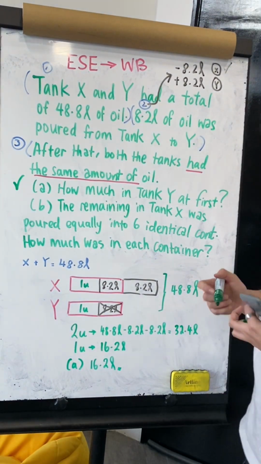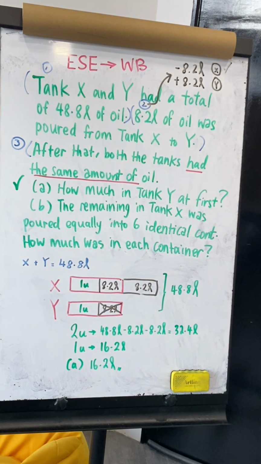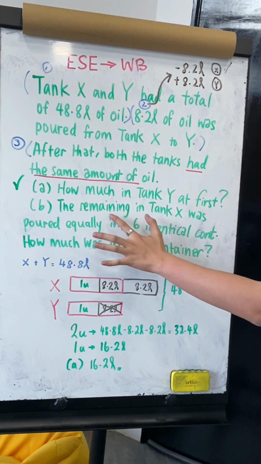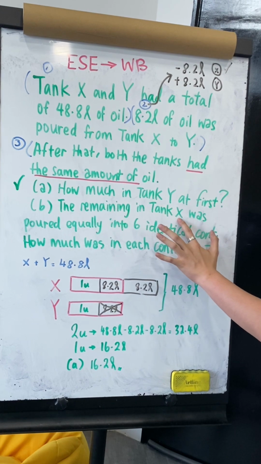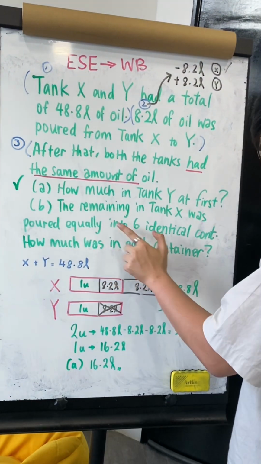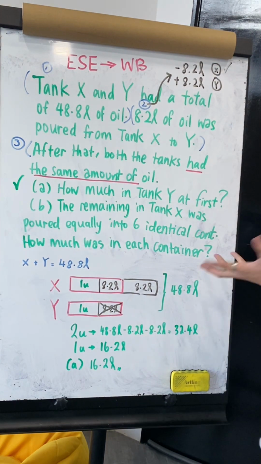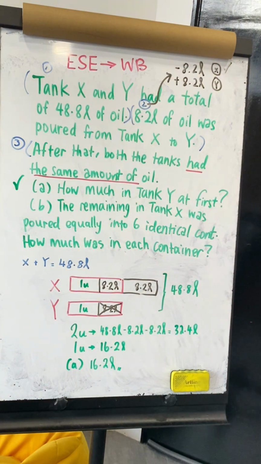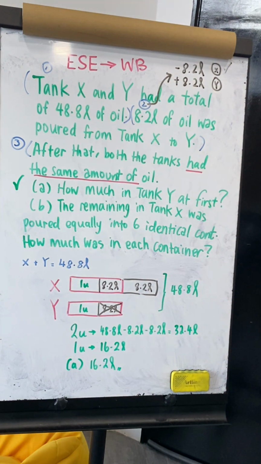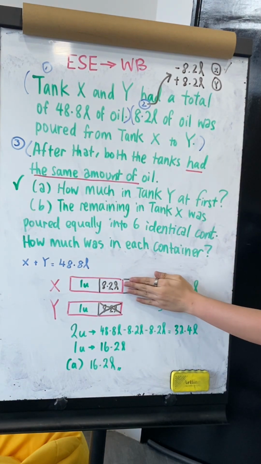Now, once I'm done with this, I need to do the second part. In B, it says that the remaining oil in tank X was poured equally into 6 identical containers. Can you tell me what is the remaining oil in tank X? Where is it? When they say remaining oil in tank X, meaning without this.